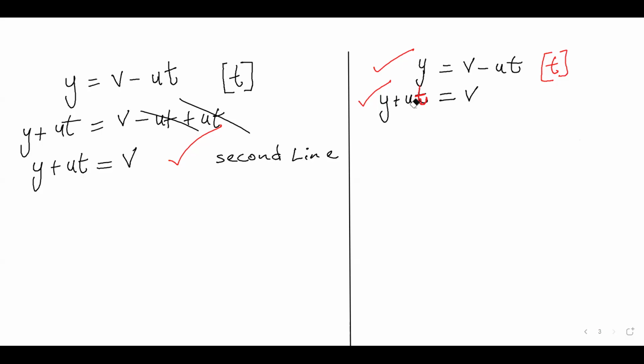So U, sir. No, you cannot get rid of U first because U and T are together as one. You have to get rid of the plus, which is the Y. It is added to U T, so you have to get rid of Y. So it's UT equals V minus Y.